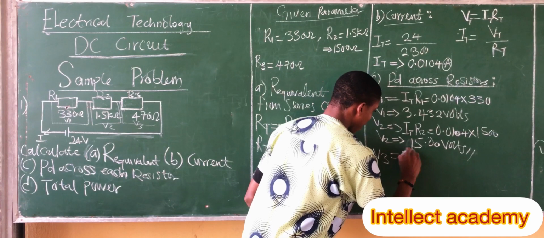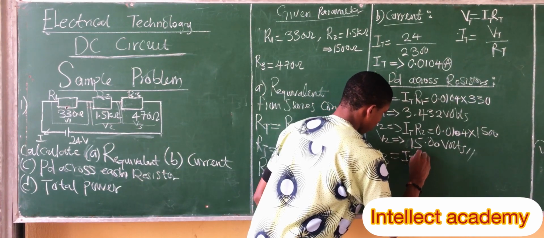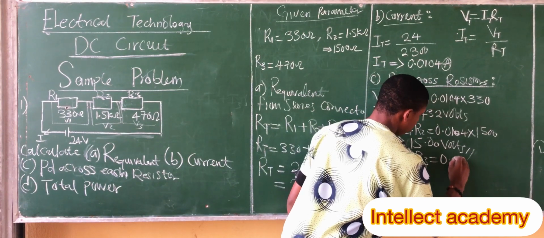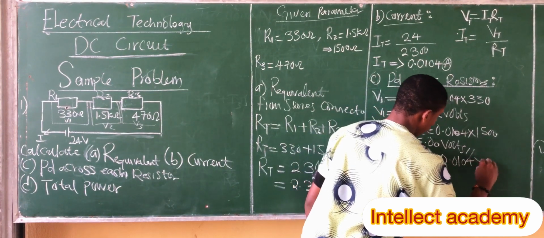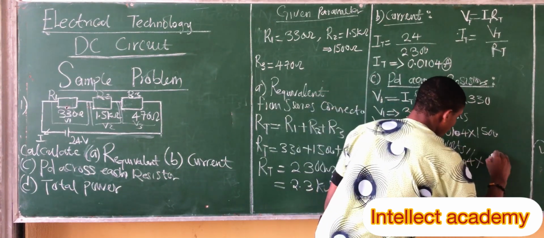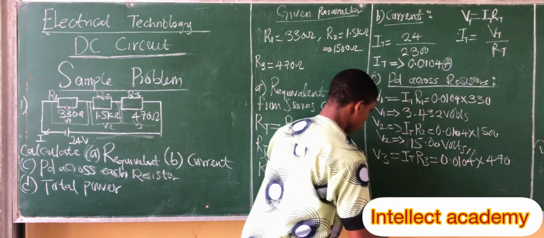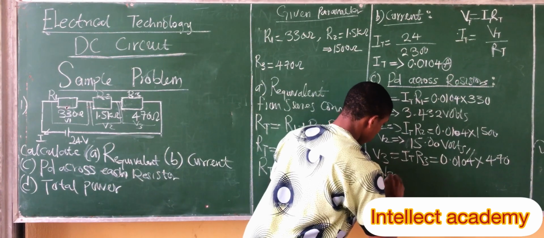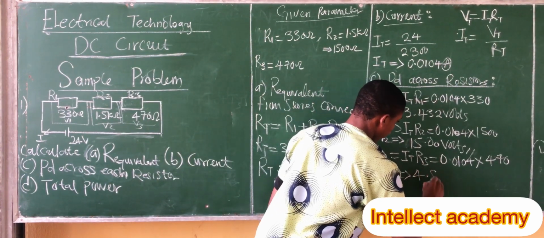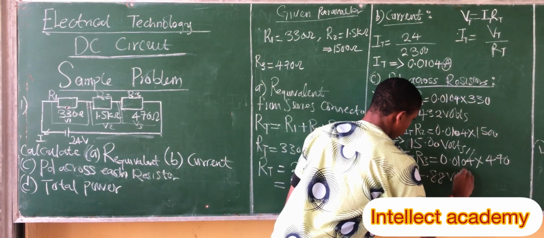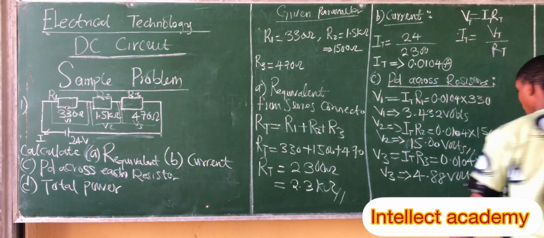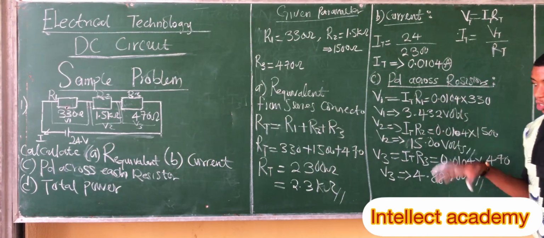V3 is equal to I total times R3, which is 0.0104 multiplied by 470 ohms. So V3 is equal to 4.88 volts. Now, these are the voltages across each resistor.